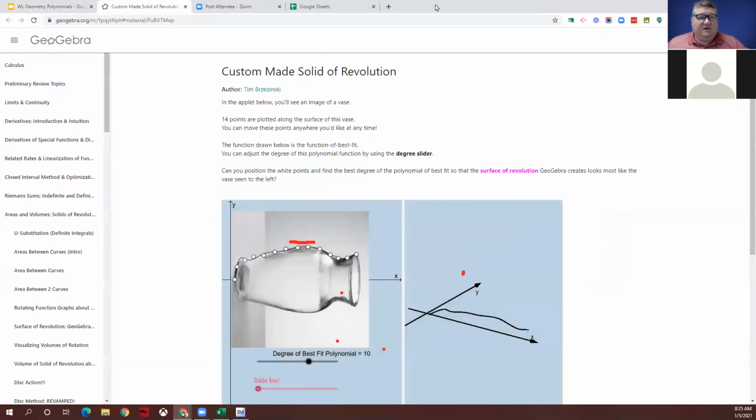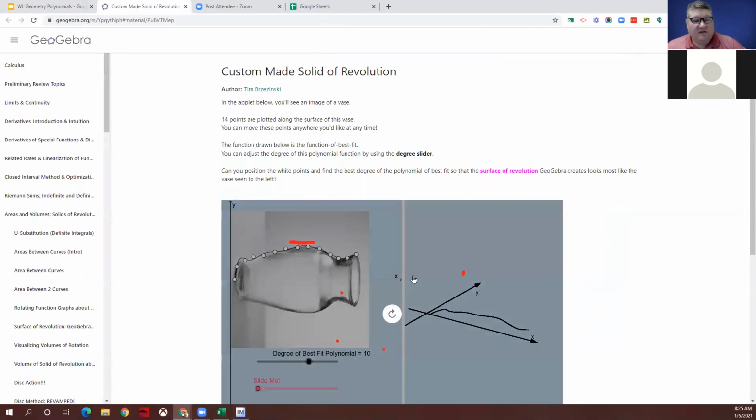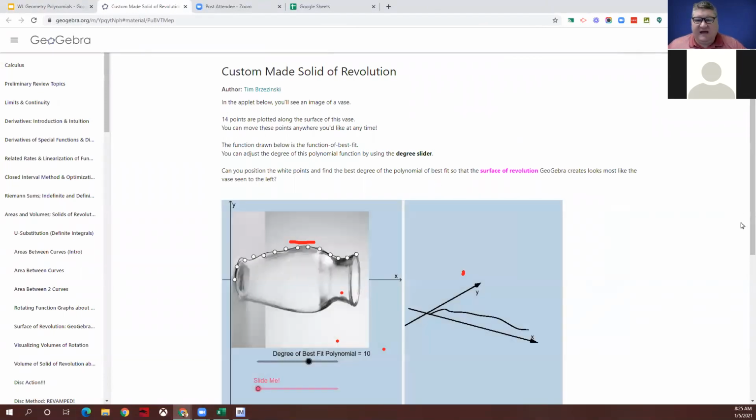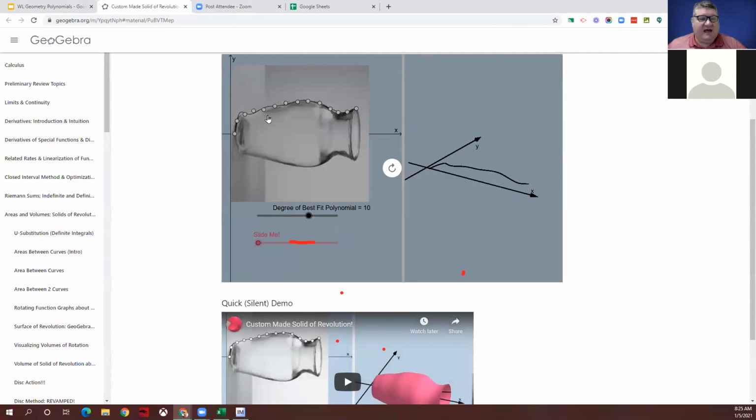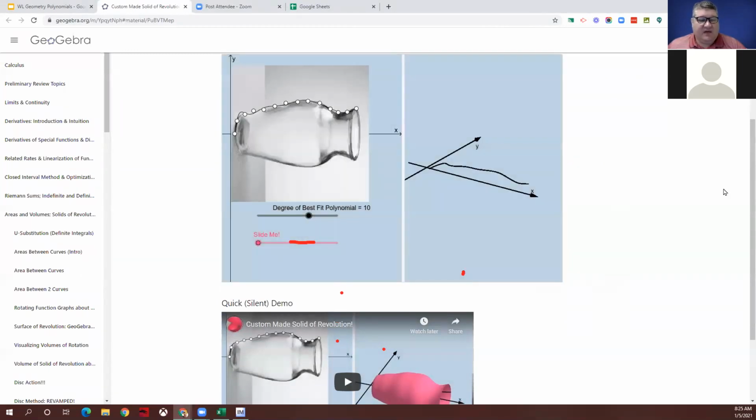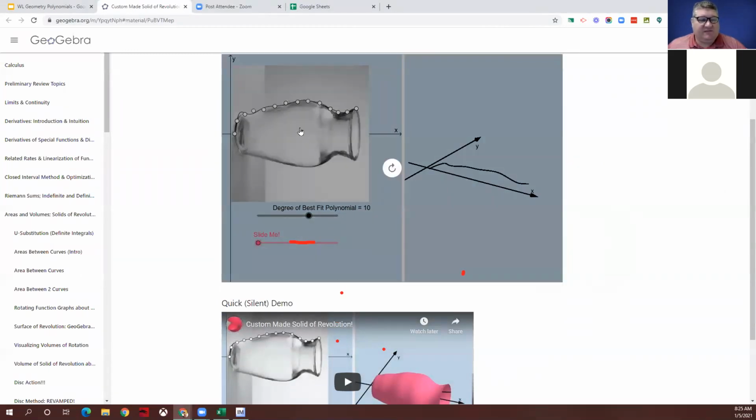In this case, we have a glass vase. And that glass vase, we are trying to use these little dots to estimate.